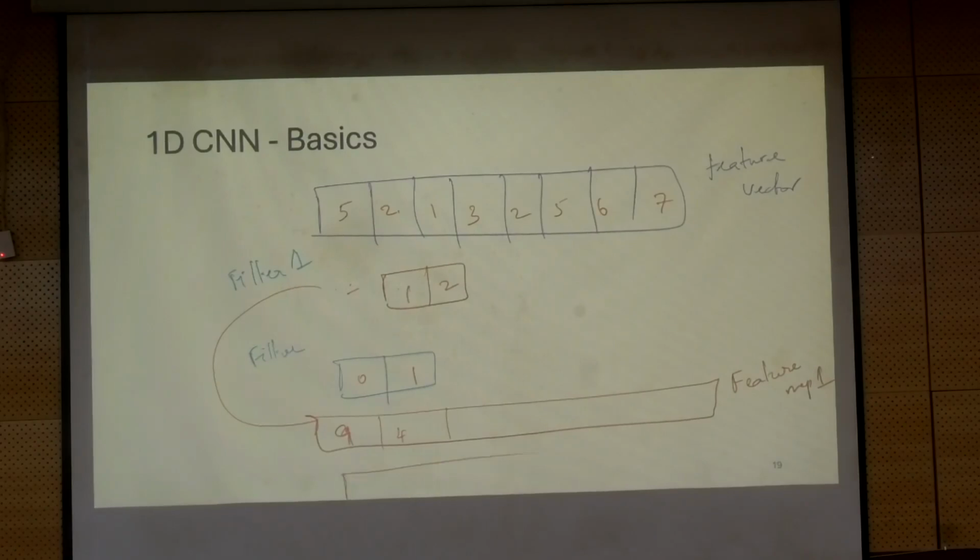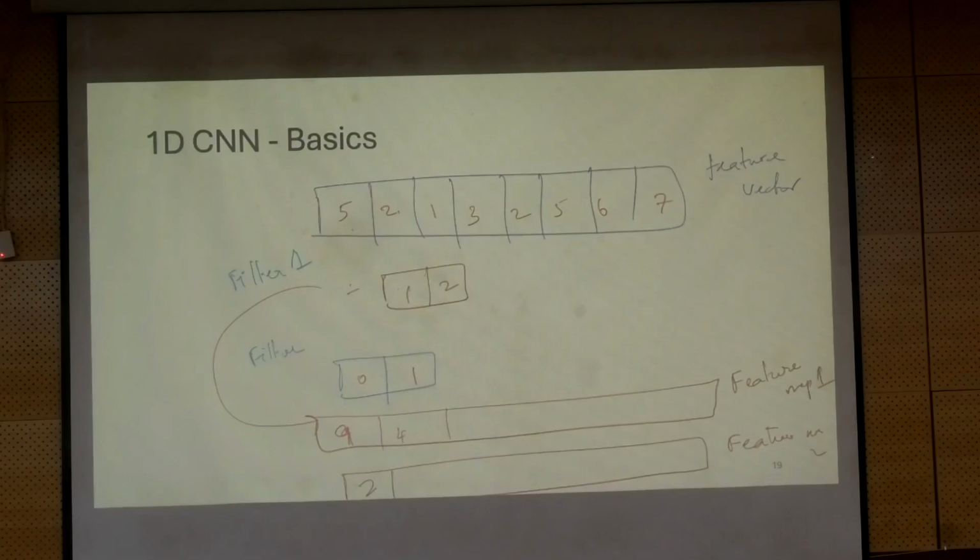But I will also get another feature map 2, based on my second filter. And that will be 5 into 0 is 0, plus 2 into 1 is 2. So this will be 2. So in practice, what we will see is, for every feature vector at a layer, if you take in any layer the input as a feature vector, you don't have to have just one filter operating on the feature vector.